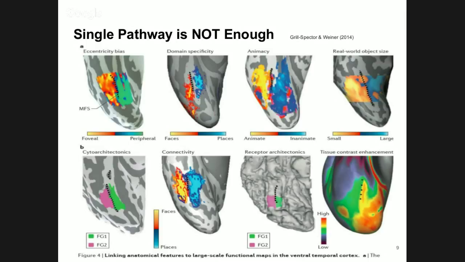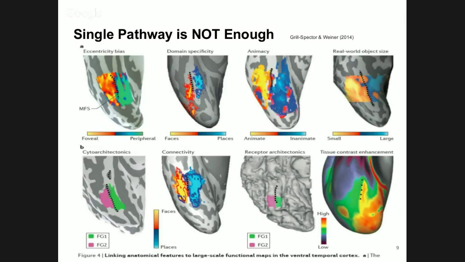This is a review paper by Grill-Spector and Weiner in 2014. Those pictures are all of the right hemisphere of the inferior temporal cortex, or ventrolateral cortex. This suggests that there's a transition between the left and right regions in terms of the feature map as well as the anatomical properties.